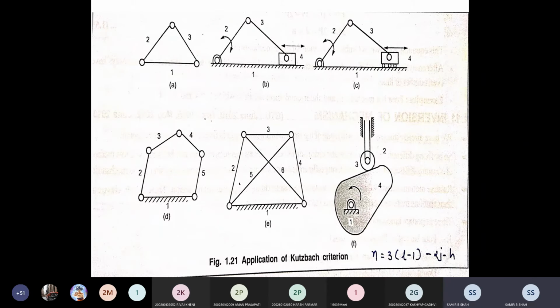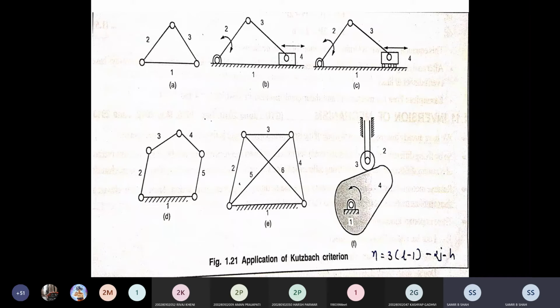In the same way, I go to the next figure, figure B, which is somewhat more complicated, because this is a reciprocating mechanism. This is the first link, this is the second link, this is the third link, and this piston is also considered a link.